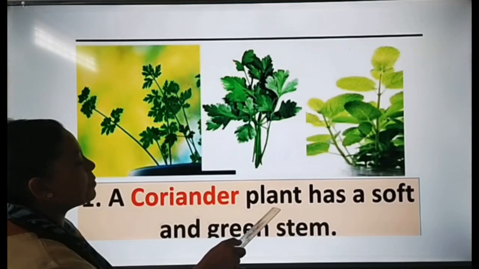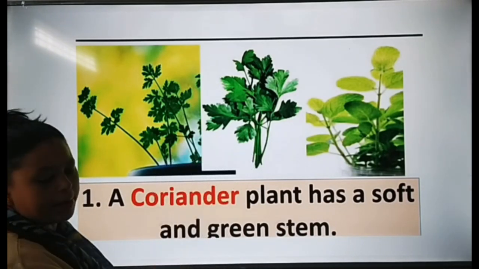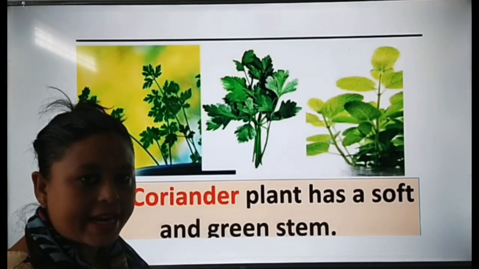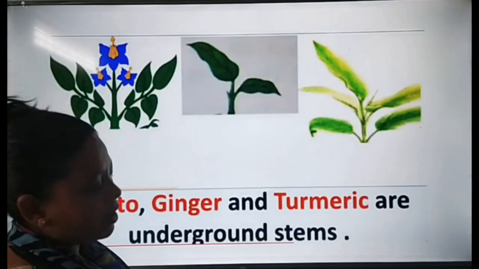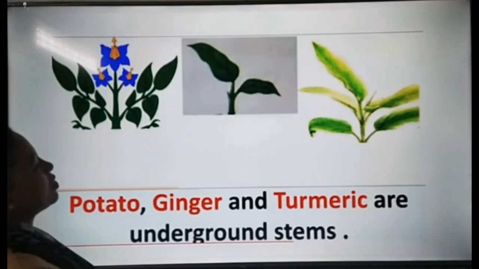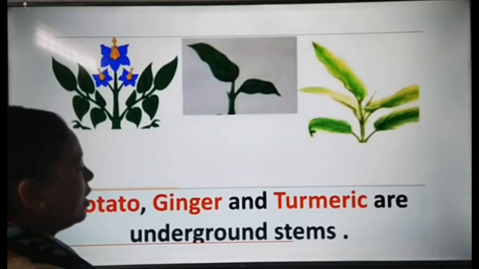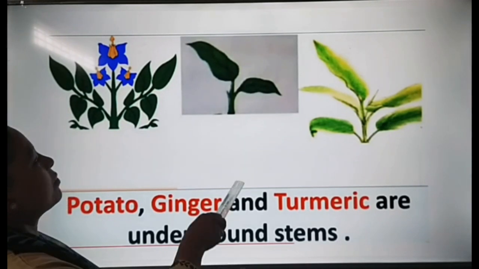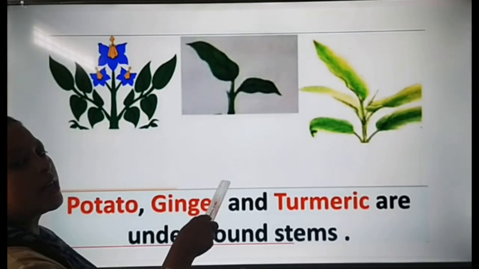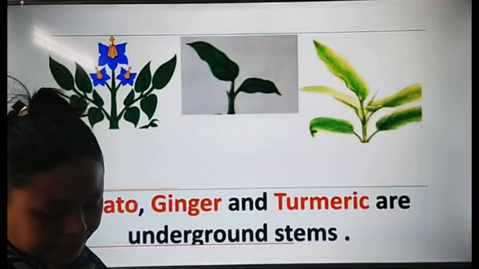So a coriander plant has a soft and green stem. This is the stem. Potato, ginger and turmeric are underground stems. So the stem which is under the soil is called an underground stem.